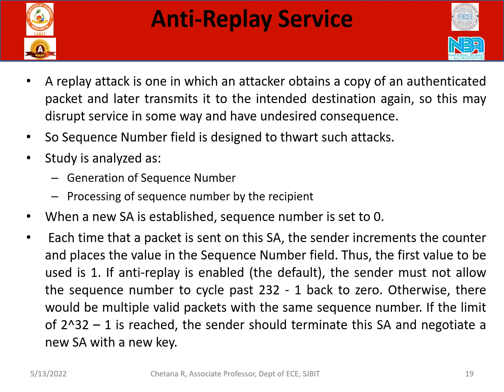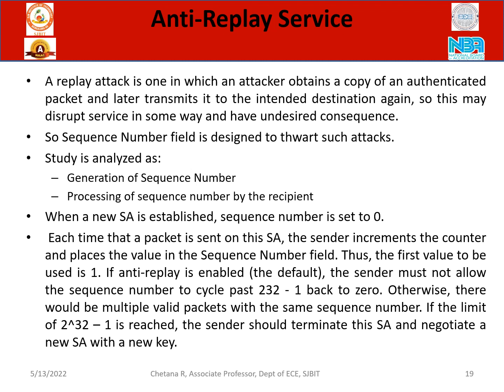If anti-replay is enabled, the sender must not allow the sequence number to cycle past 2 to the power of 32 minus 1 back to 0. That means it should stop the counter once it reaches the biggest number, 2 to the power of 32 minus 1. Immediately the counter should stop.